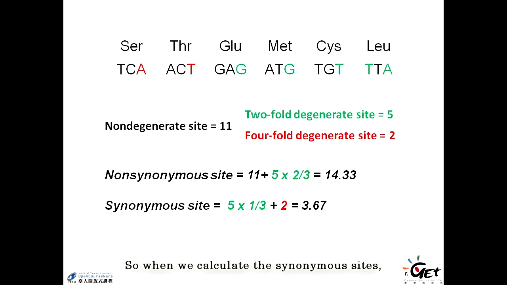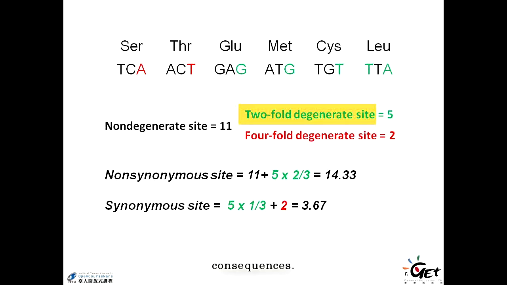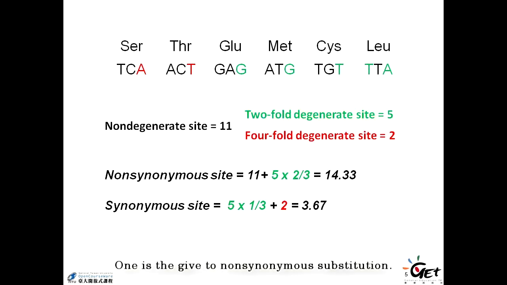When we calculate the synonymous sites, all the 4-4 degenerate sites, the number is 2 on this slide, right? Then you add 1/3 of the 2-4 degenerate sites. That's what we discussed last time. The 2-4 degenerate site has two consequences. One gives a non-synonymous substitution.